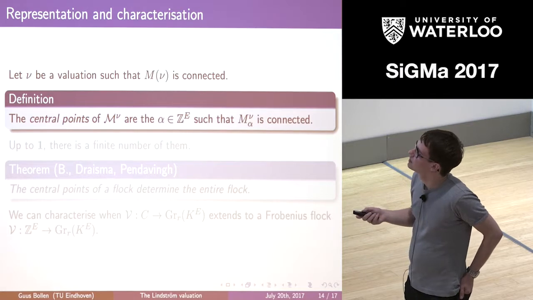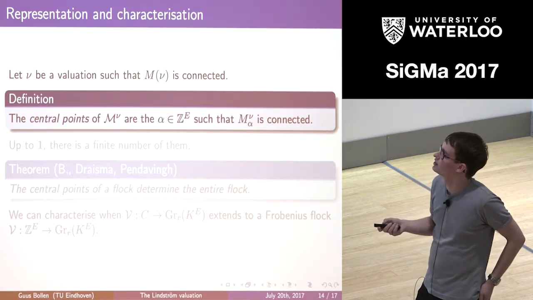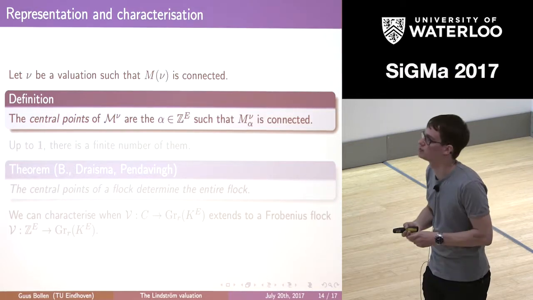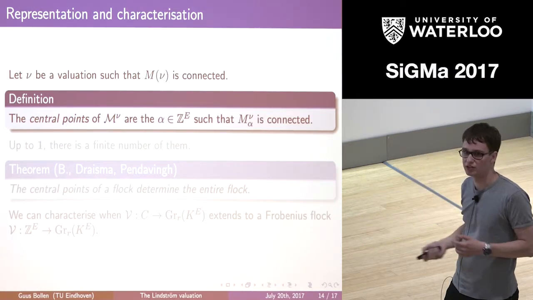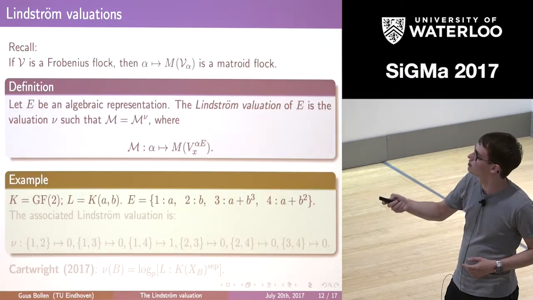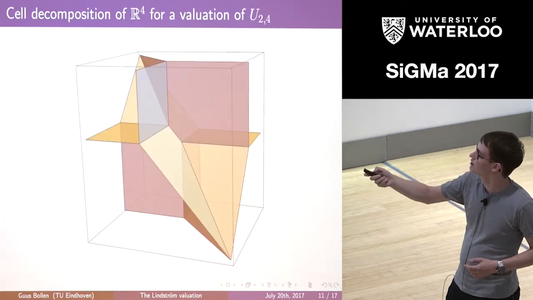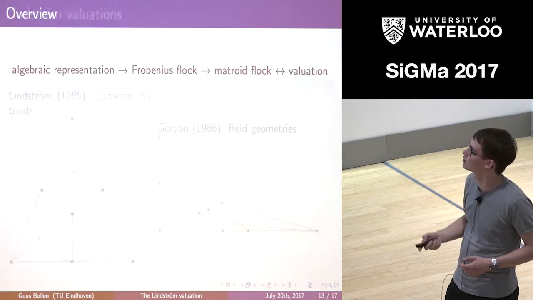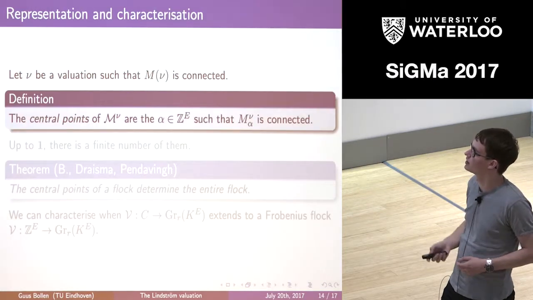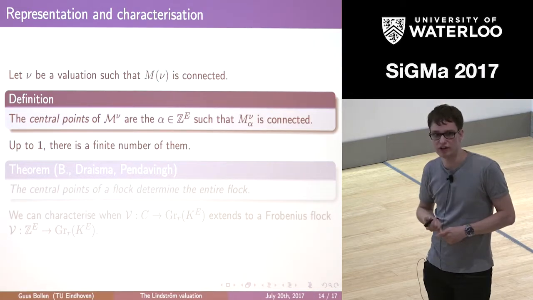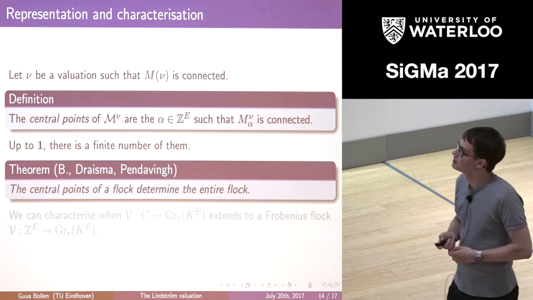So if nu is a valuation such that the matroid of nu is a connected matroid, then we can talk about the central points. In this picture over here, these 2 points are the central points that correspond to connected matroids. And up to the all one vector, there's only a finite number of them.